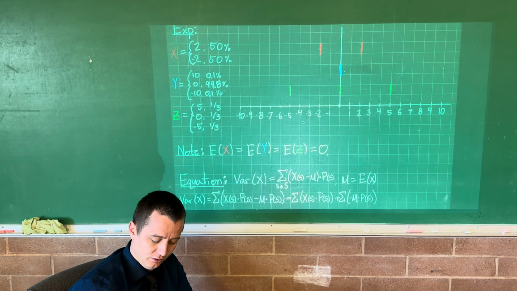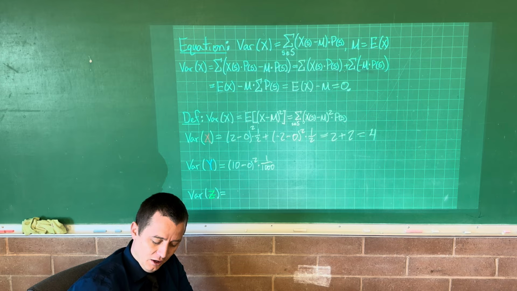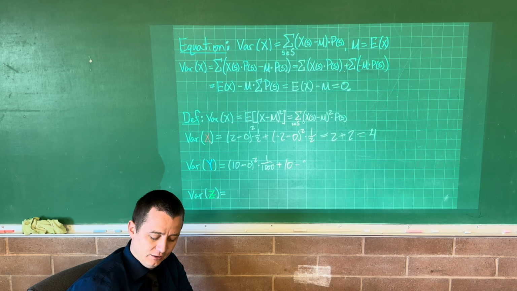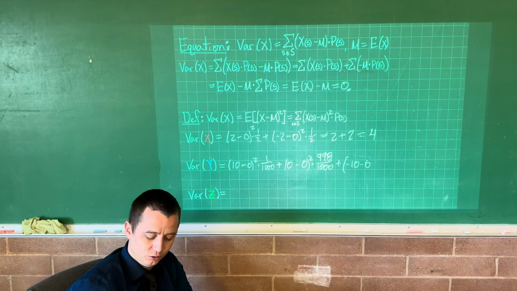Okay. Plus, let's see, we spit out a 0, so 0 minus 0 squared, and we spit out a 0 998 out of 1,000 times. That's right. And then plus, our last one was negative 10 minus 0 squared, and we did that one 1 in 1,000 times.